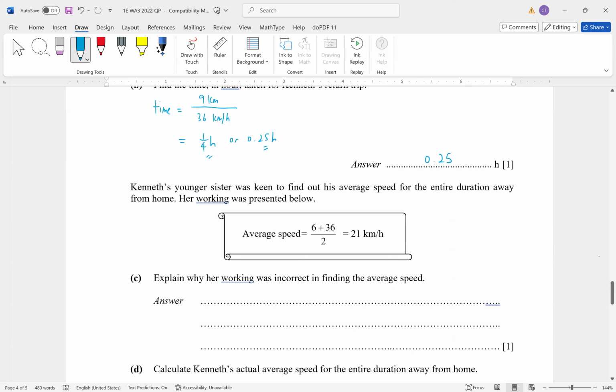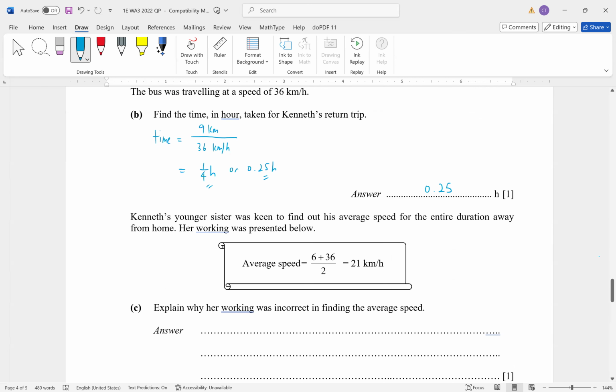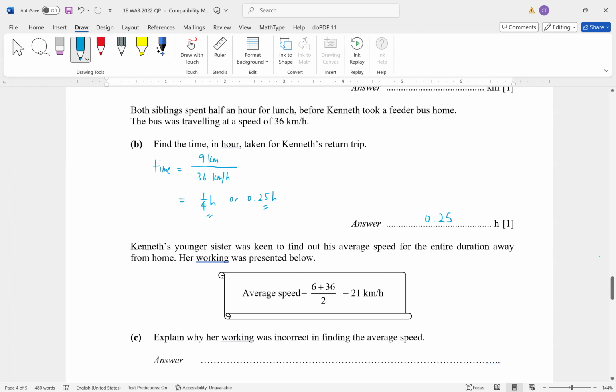Okay, Kenneth's younger sister was keen to find out his average speed for the entire duration away from home. Her working was presented below. So if you look at the working for Kenneth's younger sister, what she has done is she took the speed for the running speed, okay, this is for running one. Then she added it to the bus speed, and then she just divided by 2 to get the average speed.